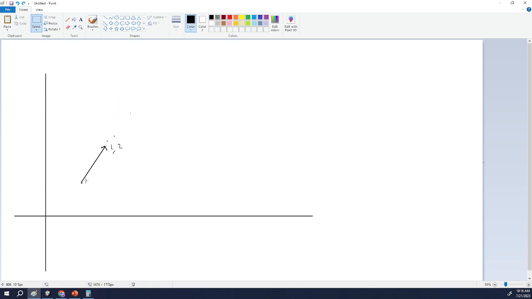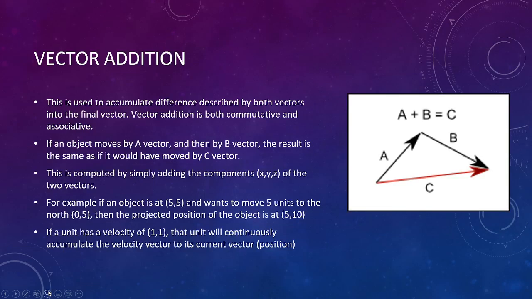It is just adding our vectors together to get our final position. So if it added another 1, 2, it would be here or something. Okay. So that is vector addition. It is literally just adding our two vectors.